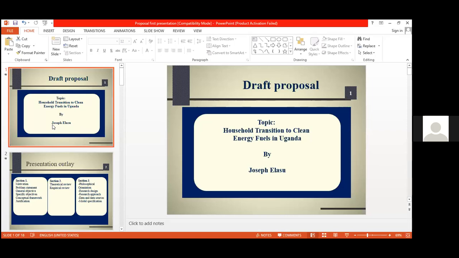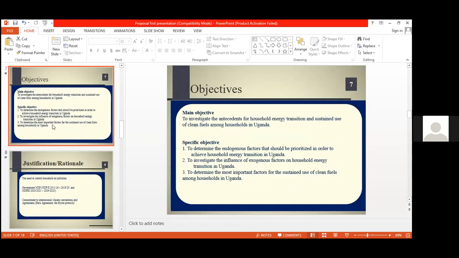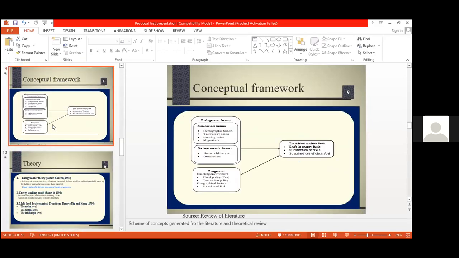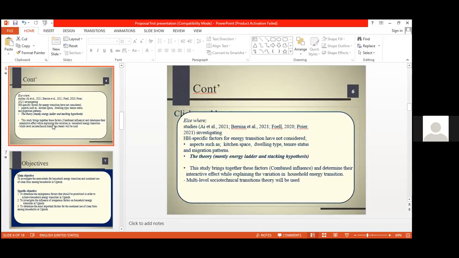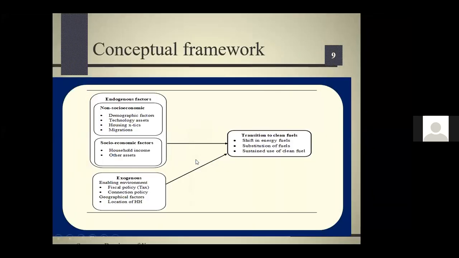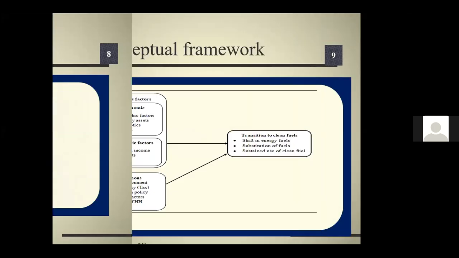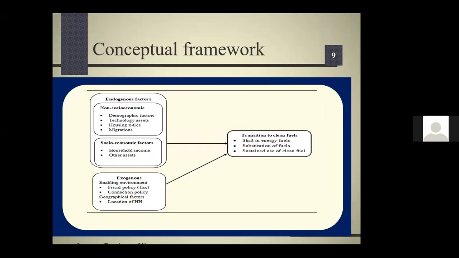The other issue also, when you talk about endogenous factors and exogenous factors, especially on endogenous factors, you talked about socio-economic and non-socio-economic. There's somewhere you talked about demographic in the conceptualization. Maybe you make it full presentation mode, the conceptualization. You see, you're saying non-socioeconomic.